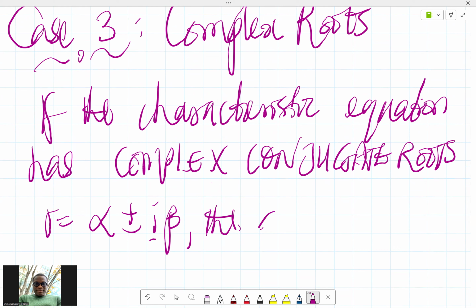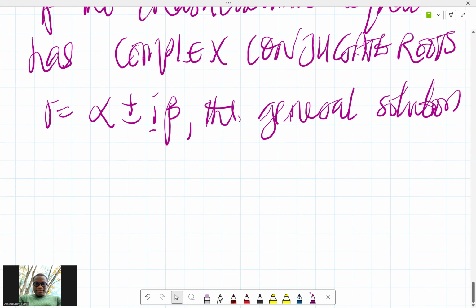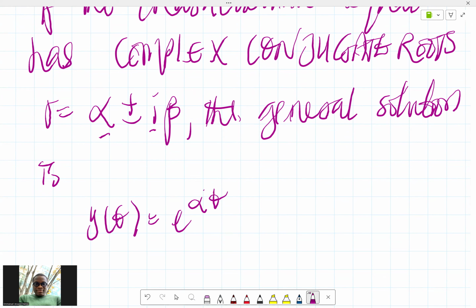So the general solution is y of t equals e raised power alpha t into C1. So this makes it so you are going to have a kind of oscillation. Okay.